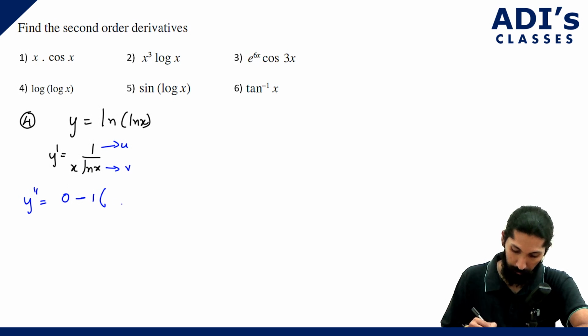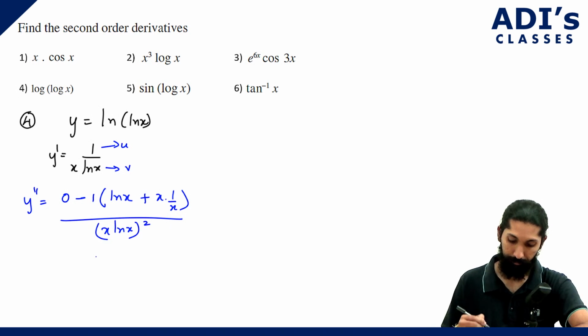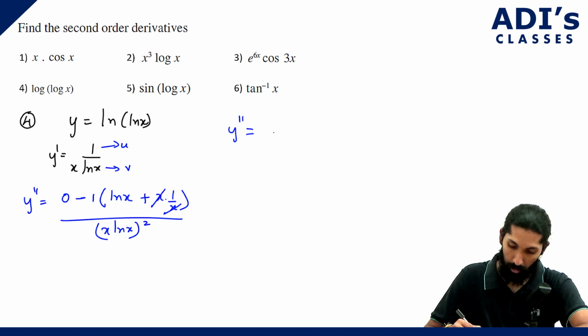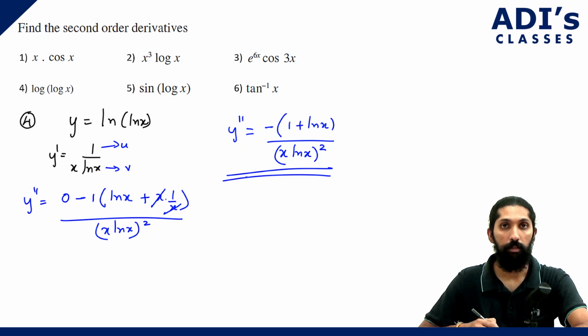So this is going to become log x plus x into 1 by x divided by x log x whole square. x and x cancels, right? So what do you get? y double dash is equal to minus of 1 plus log x divided by x log x whole square. This is going to be the answer for the next one, that is the fourth one.